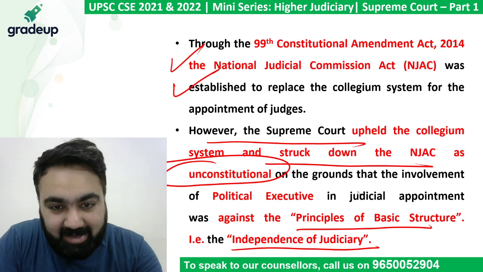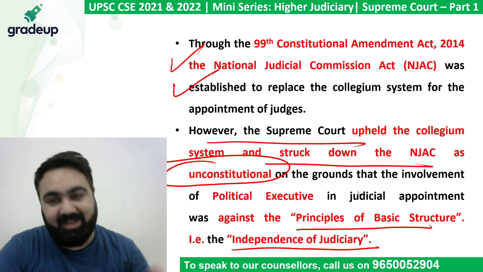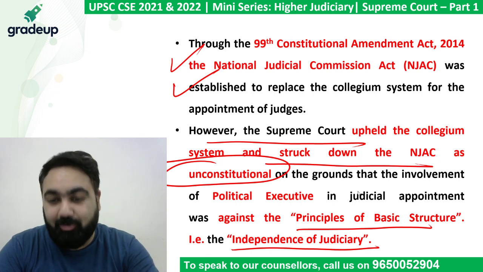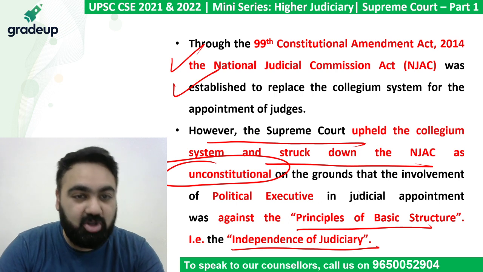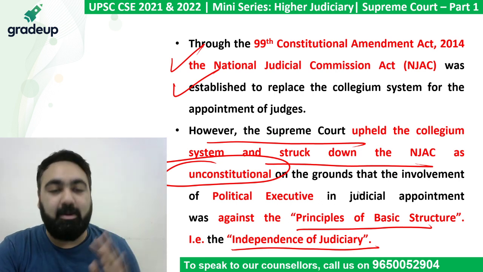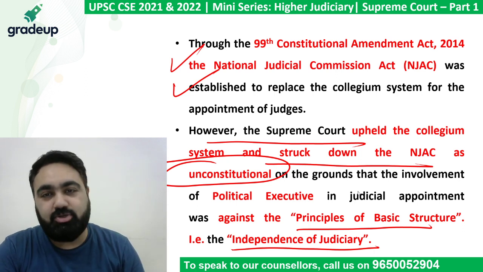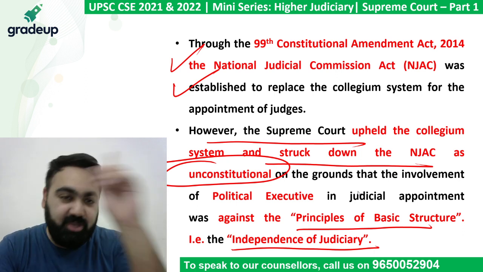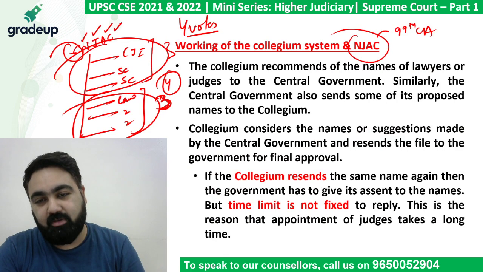And this was expected, that the Supreme Court will not just keep on sitting while the government takes away its powers. Supreme Court said that the government should not have any role to play in appointment of the judiciary, because in the Supreme Court, most of the cases have government as one party. So government should not be able to influence the Supreme Court, and that is true. So we are back to the collegium system of the appointment of judges even today.